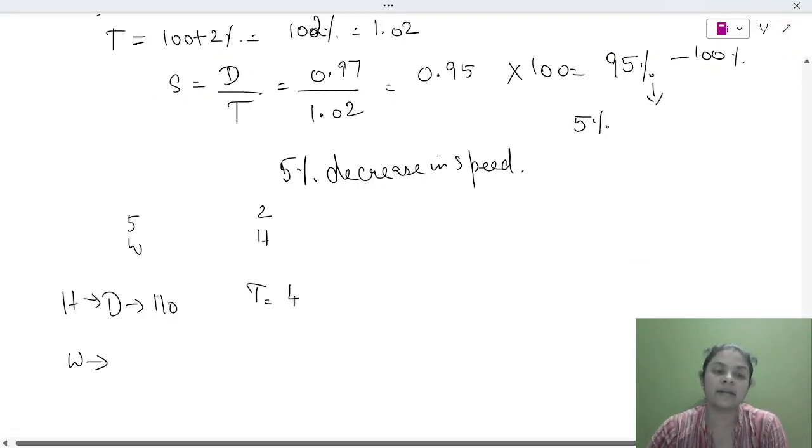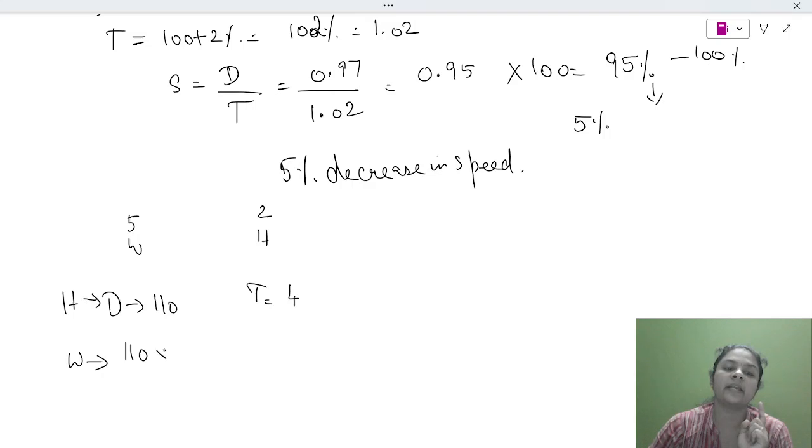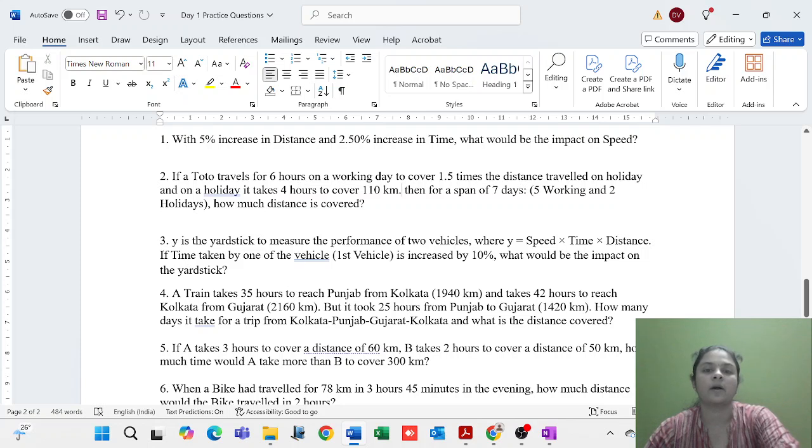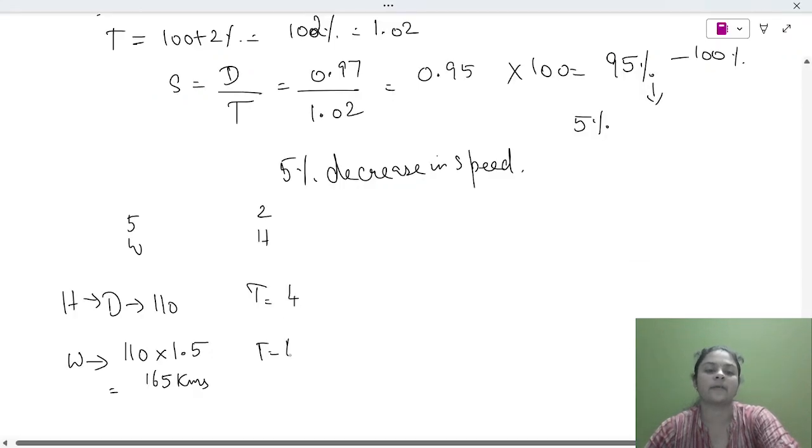So 110 is the distance on a holiday, and 110 into 1.5 is the distance on the working day. So what is 110 into 1.5? 165 kilometers. For which it takes how many hours? 6 hours.